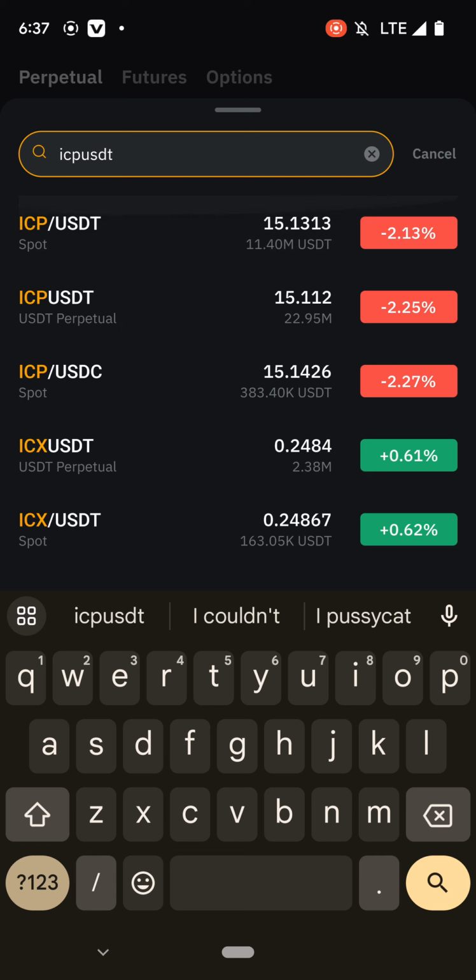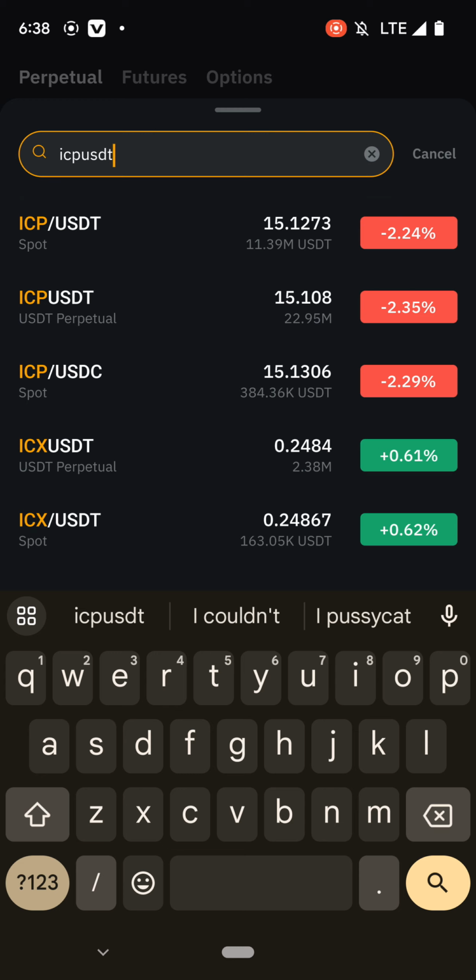This one too, ICP/USDC, is not what we are trading. We are trading ICP USDT. Since we have USDT in our wallet, that is what we are using to trade. We don't have USDC, and we are not trading ICX. So always be vigilant. You always look at it very well.